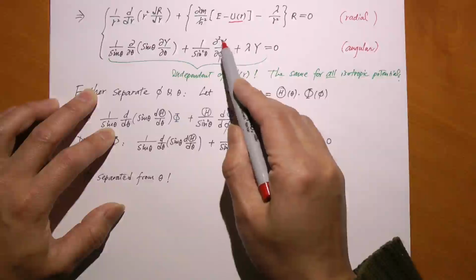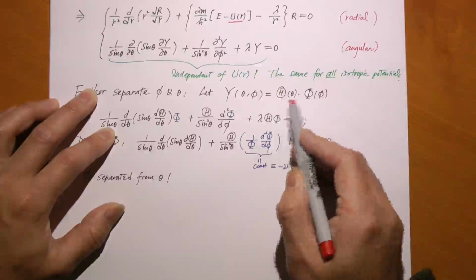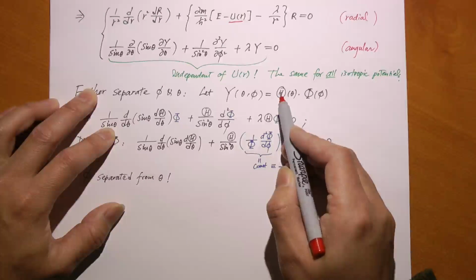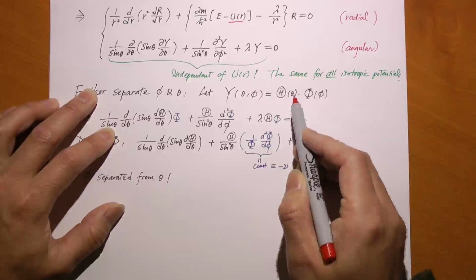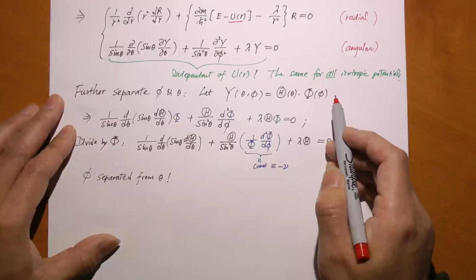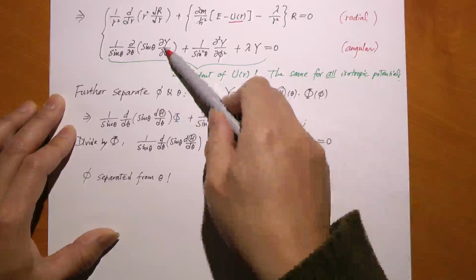We rewrite this function Y into the product of two. This depends on theta, this depends on phi. So I use the capital letter theta for the function of theta, capital letter phi for the function of phi. And then I take this product and plug it into here.